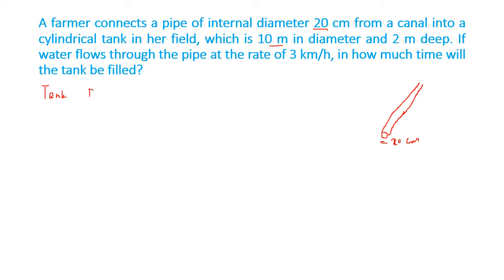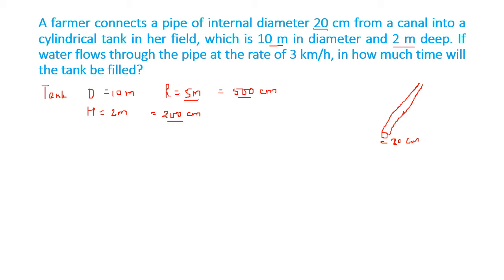The tank has diameter 10 meter, so the radius is 5 meter or 500 centimeter, and it is 2 meter deep. So the height of the tank is 2 meter or 200 centimeter.